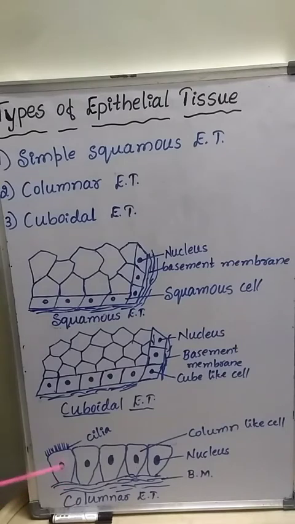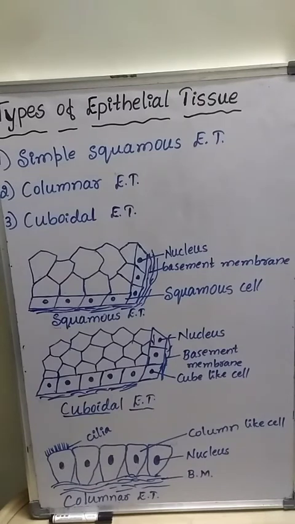The nucleus of the cells of columnar epithelial tissues is oval shaped. Here the nucleus is oval shaped, and usually the nucleus is present at or near the base.